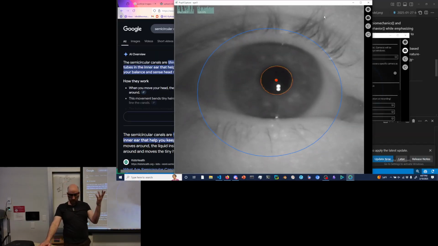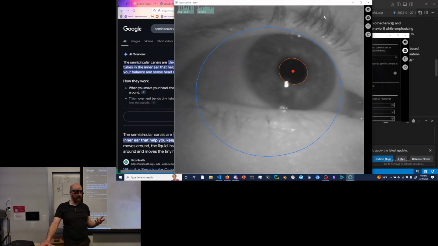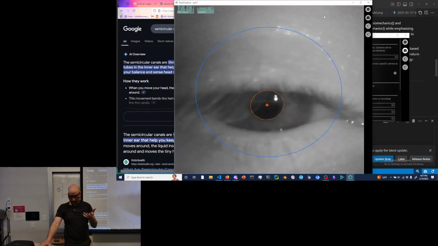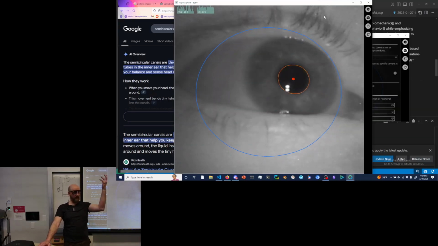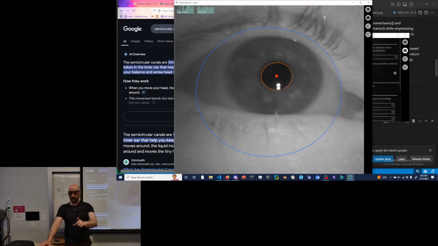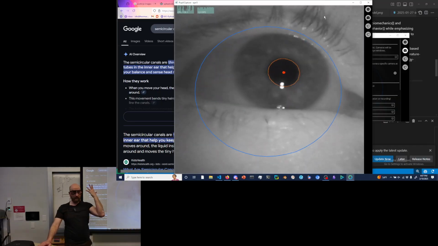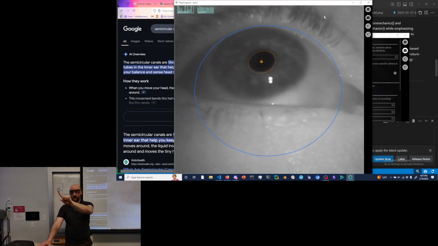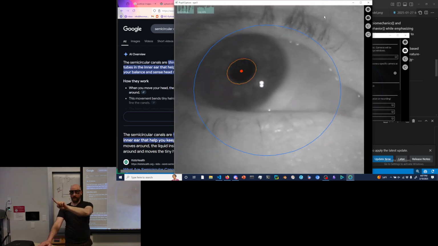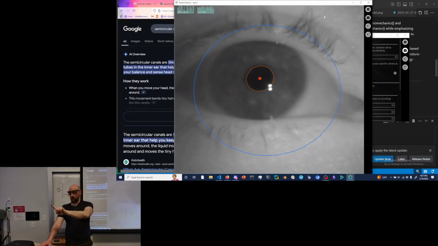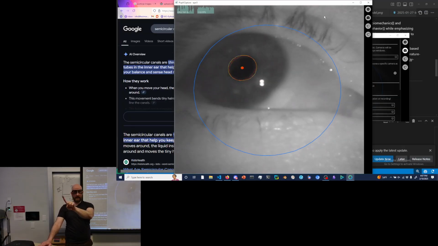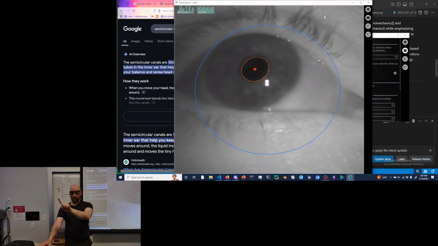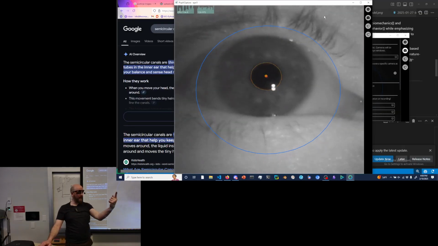A relative newcomer to the pantheon of eye movements, in evolutionary time, is this one. So notice that my head is not moving, and yet my eyes are now going to have a nice smooth movement. This is called smooth pursuit, and it's me tracking an object in the world.